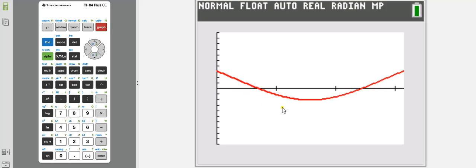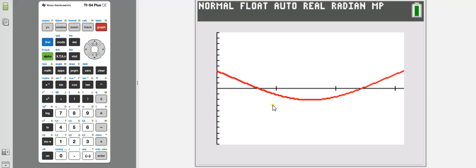So you get this. This is a graph of A prime, the derivative of A. Now notice, A prime is positive over here, and it's negative over here because A prime is below the x-axis.